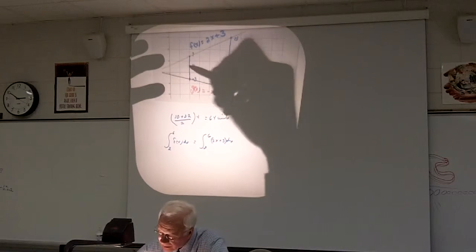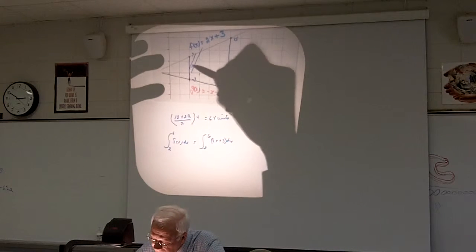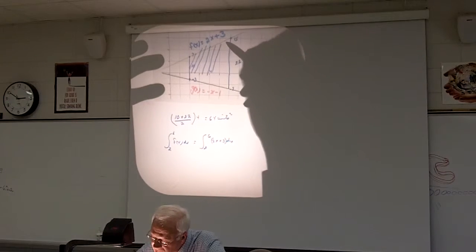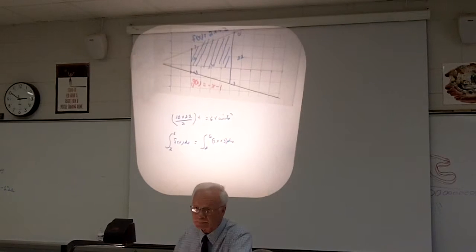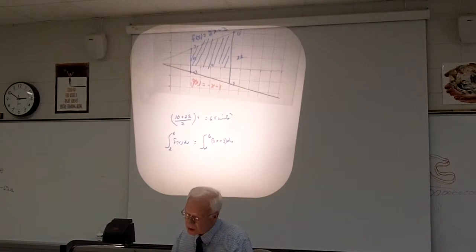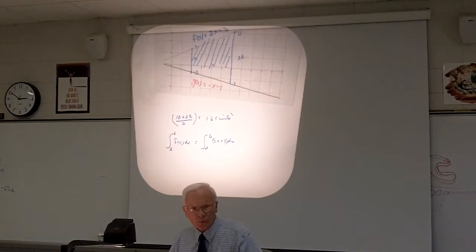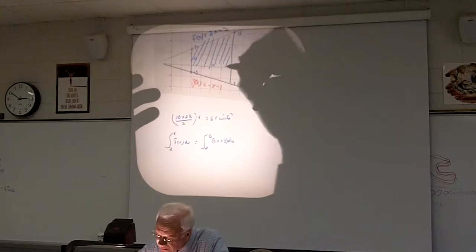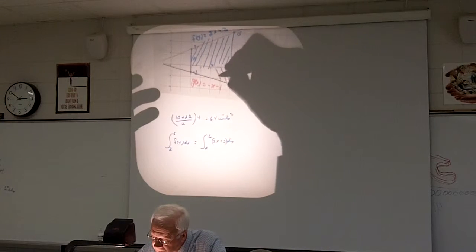Now what is that going to give me? It's going to give me everything from here up to the x-axis. You see this? That's the area I'm going to get there. Then I'm going to subtract from this part here.